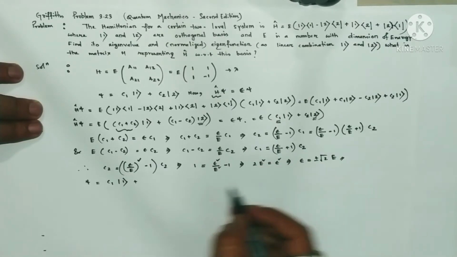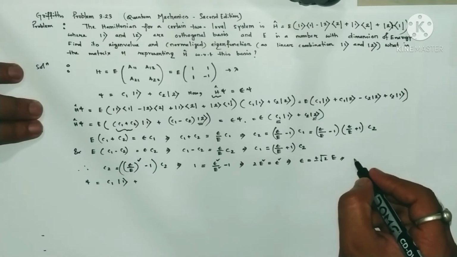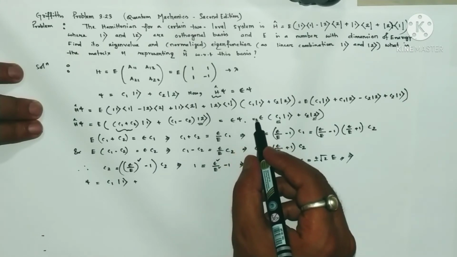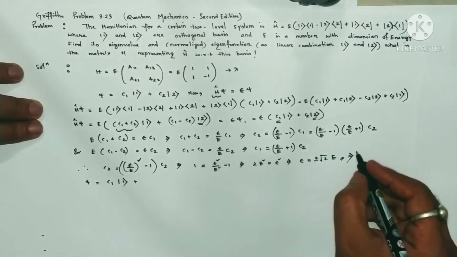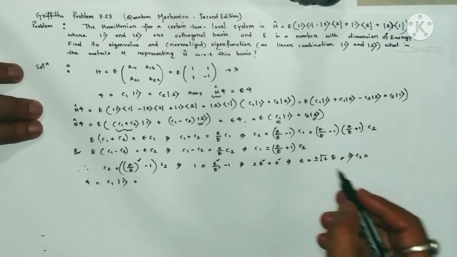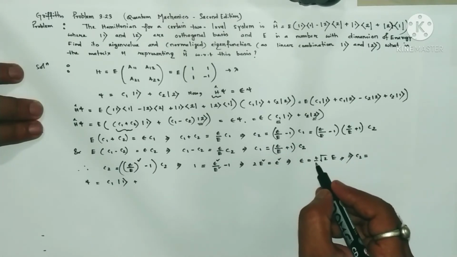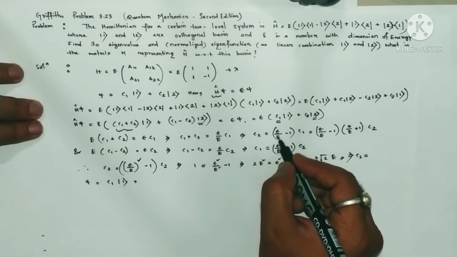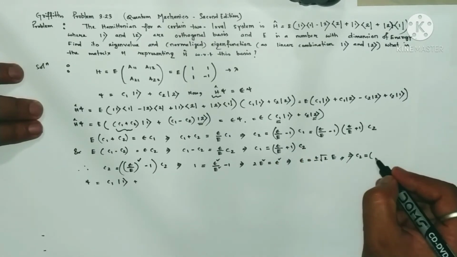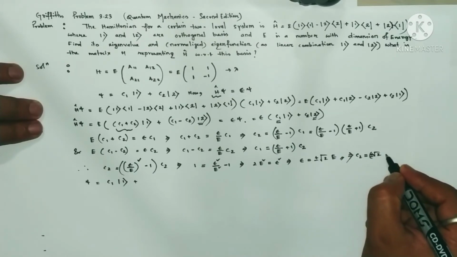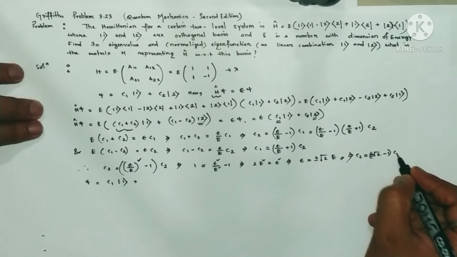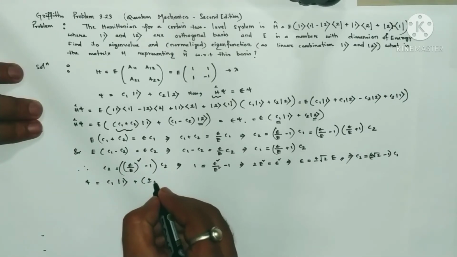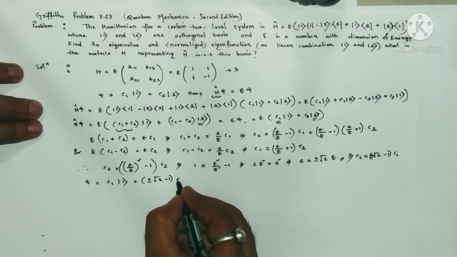So here you can write C2 equal to, in place of epsilon we can write plus minus root 2 E. So if you write plus minus root 2 E, E and E will get cancelled and you will be left with root 2 plus minus minus 1 C1. So that will be replacing it here. So in place of C2 we will be replacing plus minus root 2 minus 1 C1.